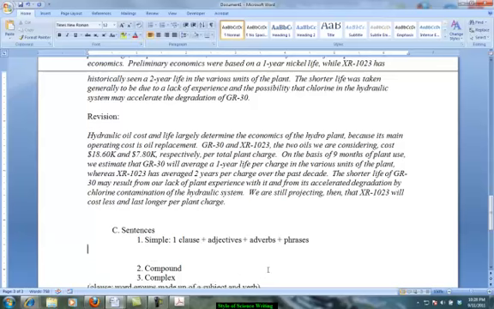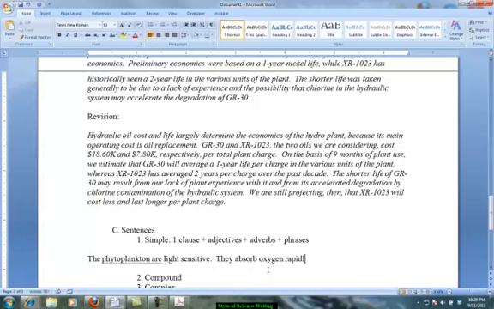So, for example, let's come up with a scientific sentence. How about this one? The phytoplankton are light sensitive. They absorb oxygen rapidly at 60 degrees.